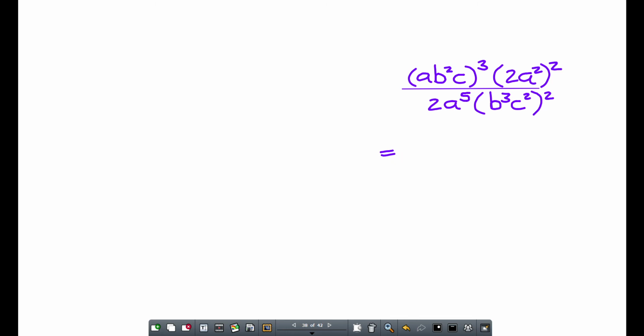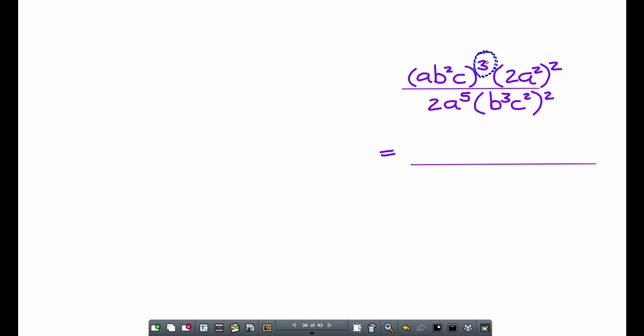Okay, so first things first. Let's get rid of all those brackets. Then that to the power of 3 applies to everything inside the bracket.